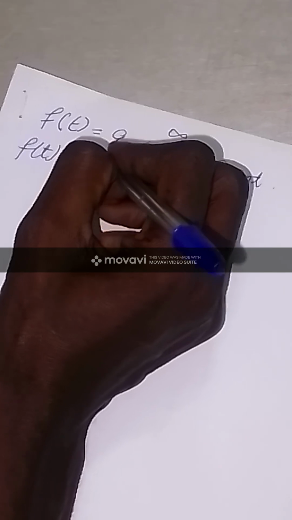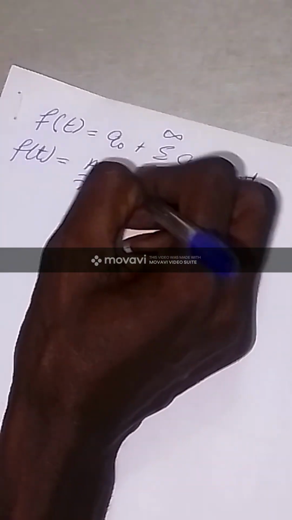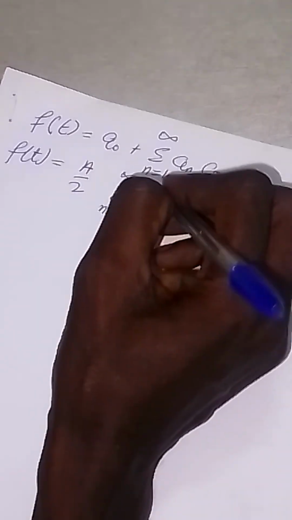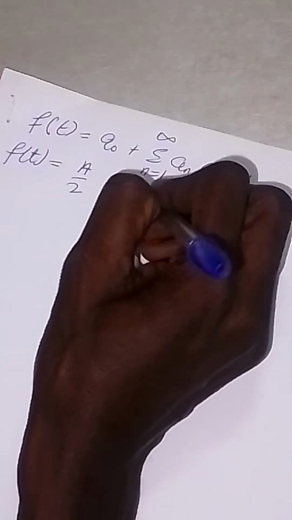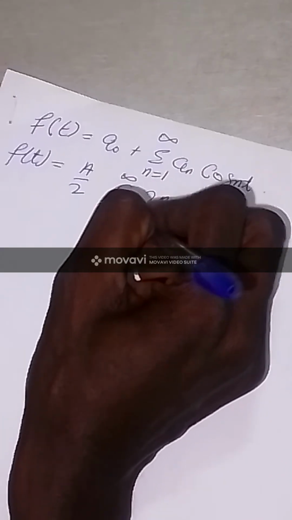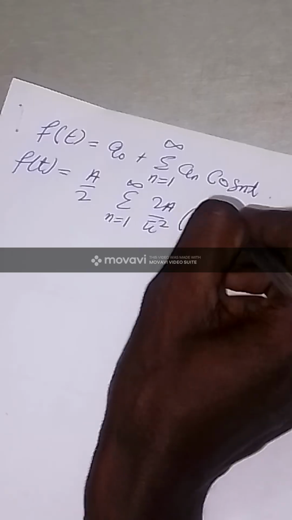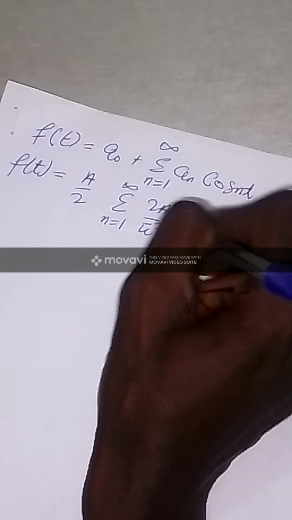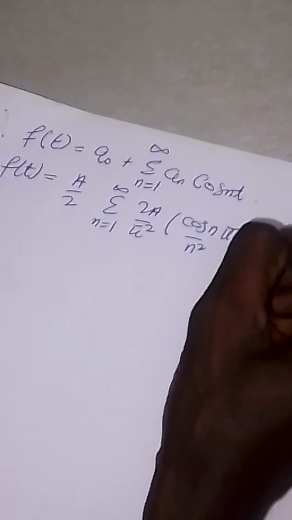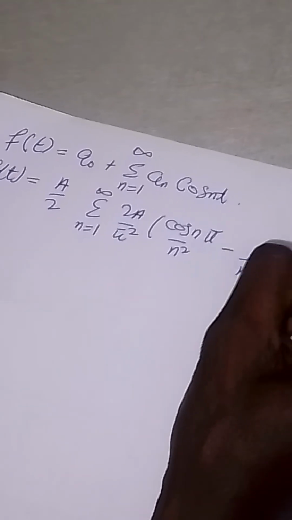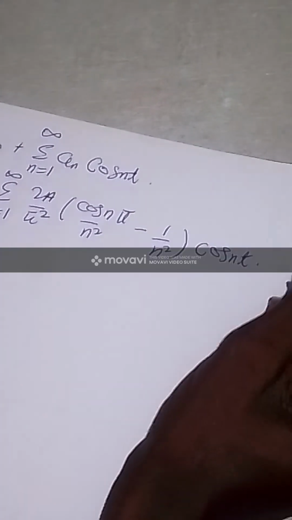Inserting into this, we have f of t equal to a over 2, since we got a naught to be a over 2, plus the summation of an, where we got an to be 2a over pi squared into cos n pi over n squared minus 1 over n squared, all times cos nt.